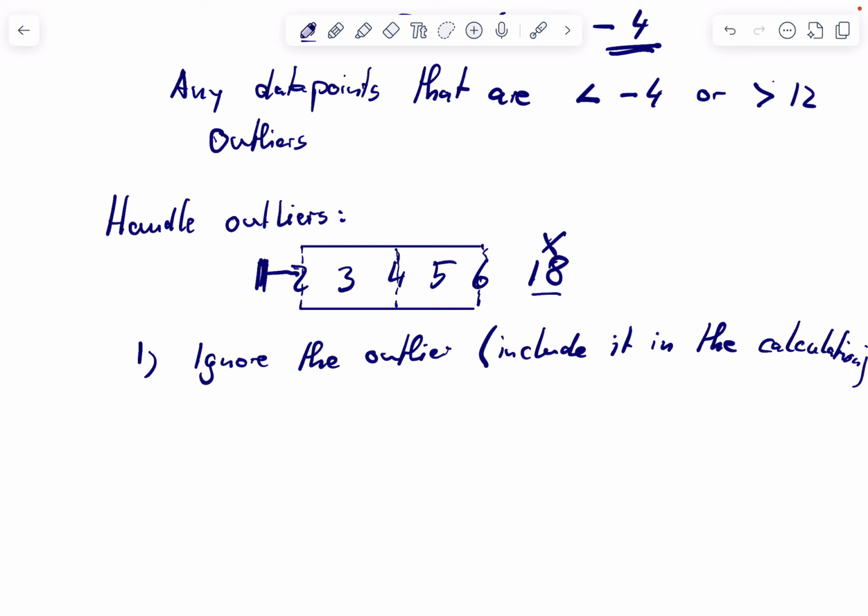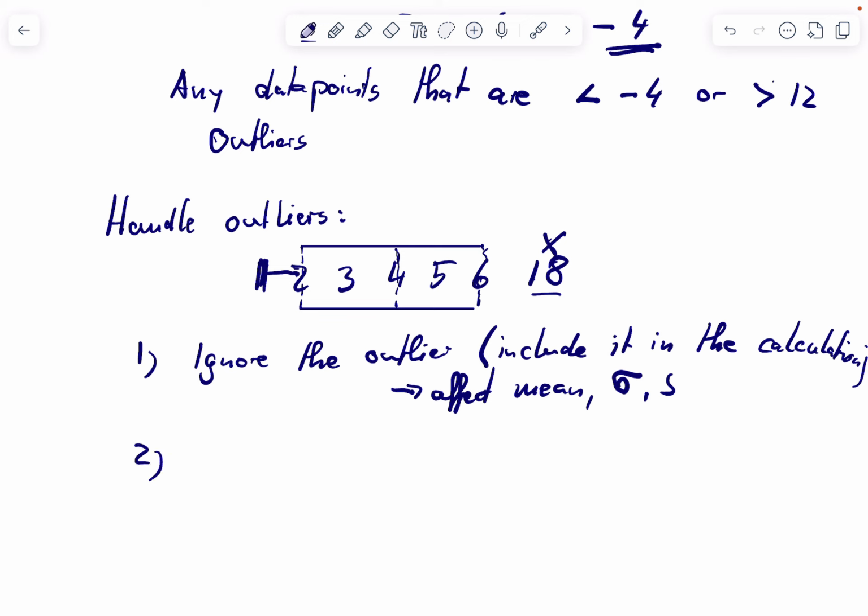Now, this has the disadvantage that the outlier will affect the mean, and, for example, the standard deviation, and basically everything that we are doing with it.